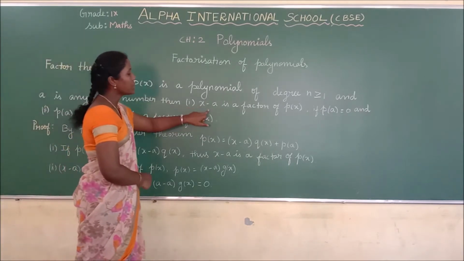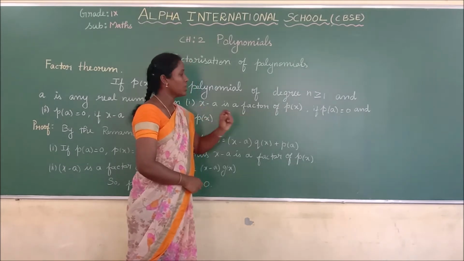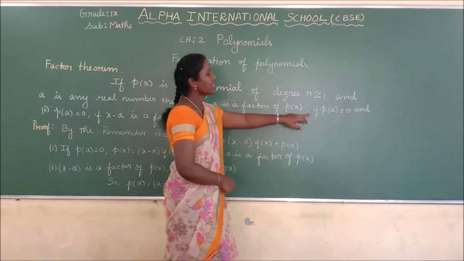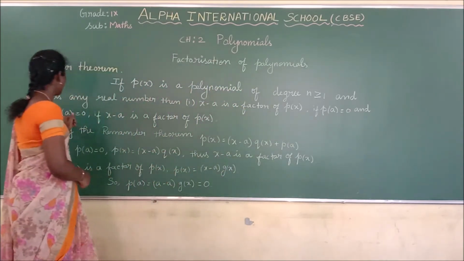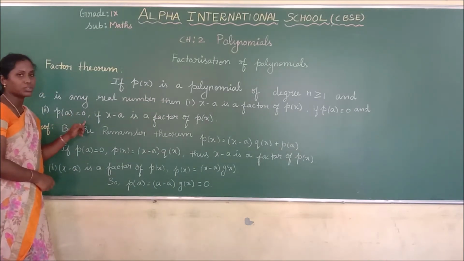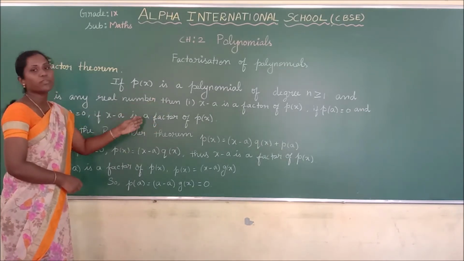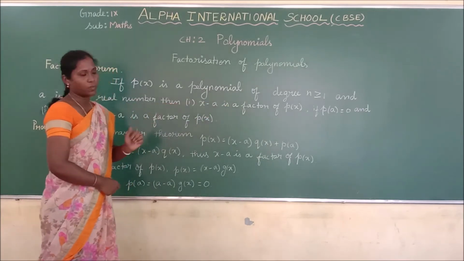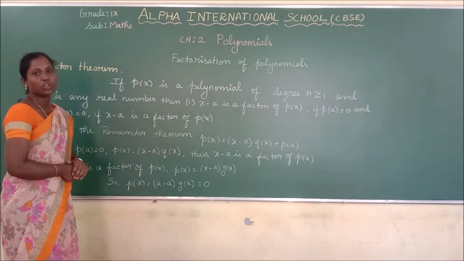First case: x minus a is a factor of p of x if p of a equals 0. And vice versa: p of a equals 0 if x minus a is a factor of p of x.